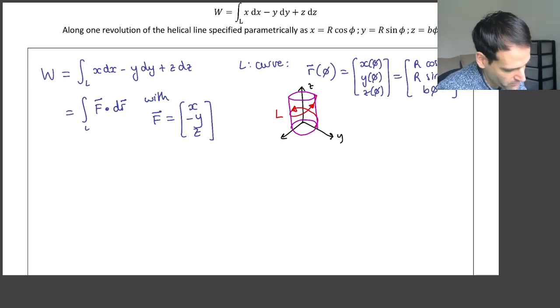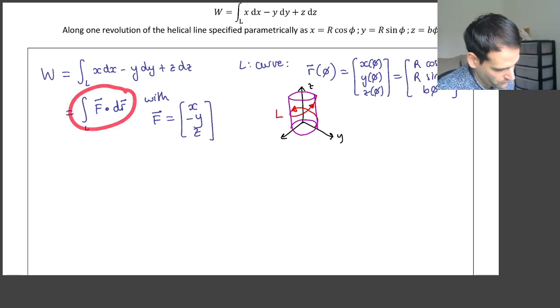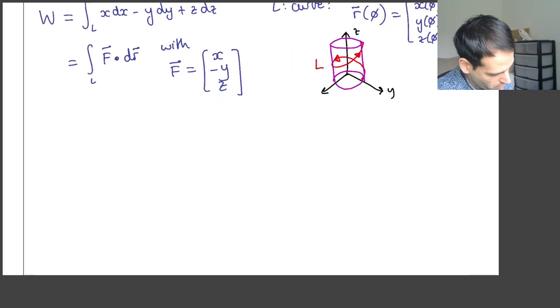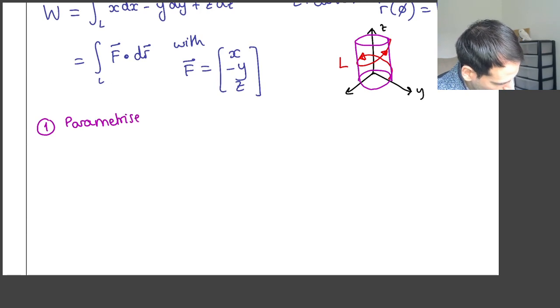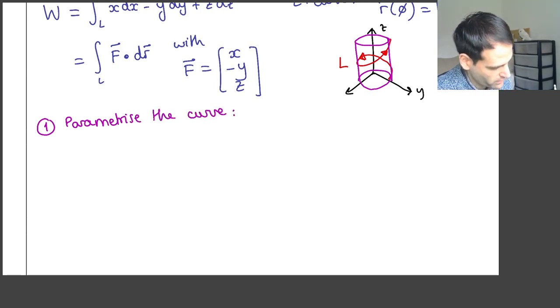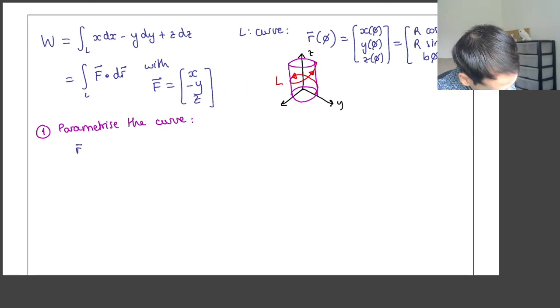So let's follow the steps that we know for calculating this. So 1, we parameterize the curve. Fortunately, that has already been done for you. Okay, so we already have that.